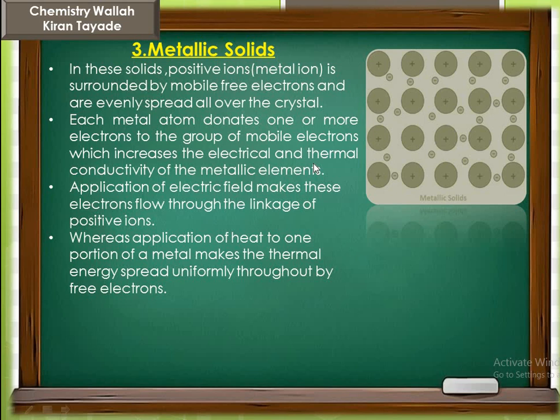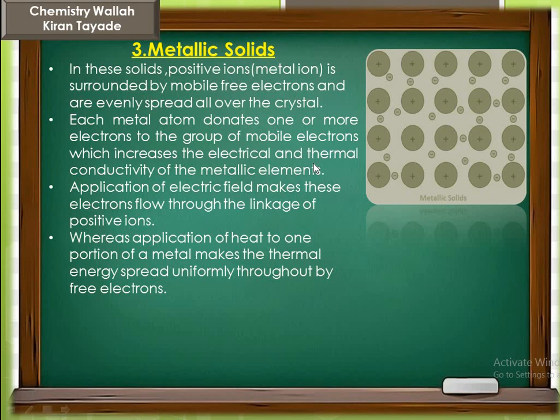Whereas application of heat to one portion of metal makes the thermal energy spread uniformly throughout by the free electrons. In the above point we see the electric conductivity of the metallic solids due to the flow of electrons linking with the positive ions.